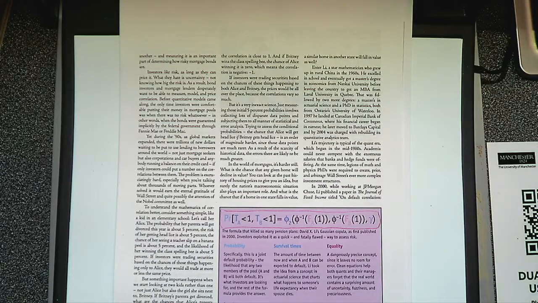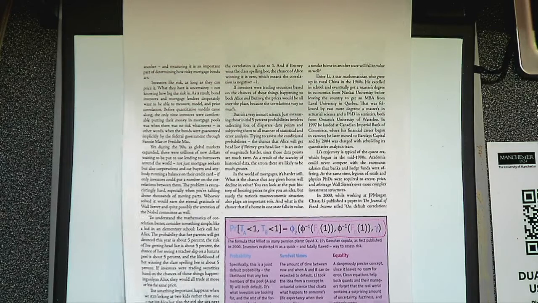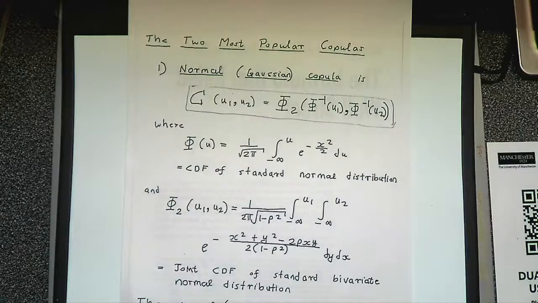And yet they didn't know this simple fact that the Gaussian copula is not a good model, especially in the tails. It can give very bad fits. So any prediction that you make, especially in the tails, can be very wrong. Okay, so that's the story behind this copula.